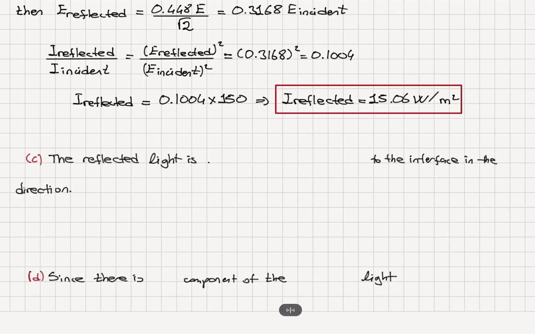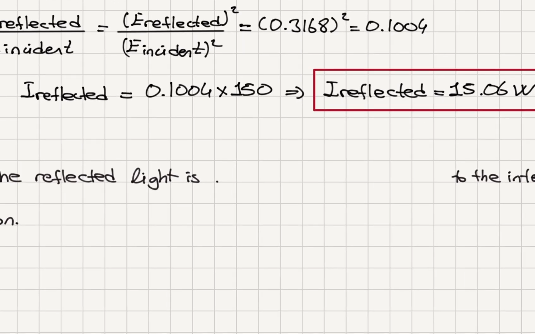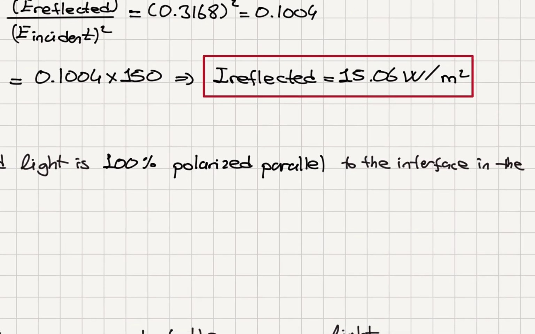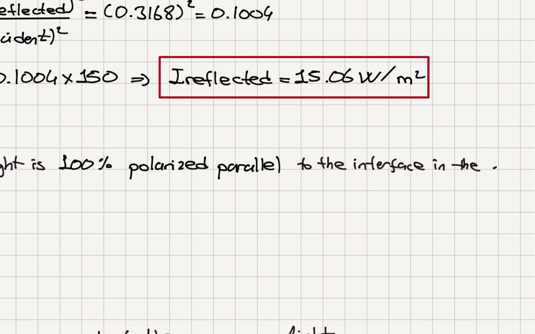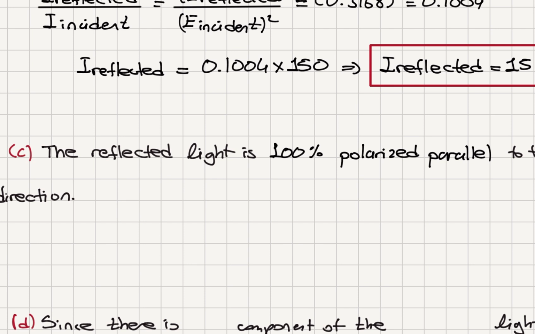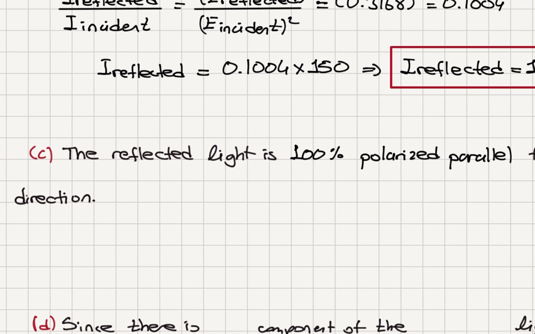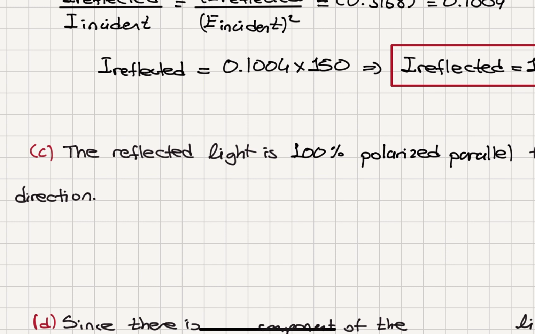Okay, so we know that the reflected light is 100% polarized parallel to the interface in the y direction. That's from the effect of the polarizing angle.